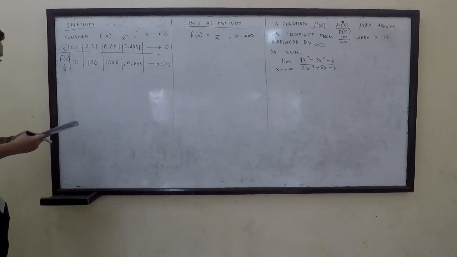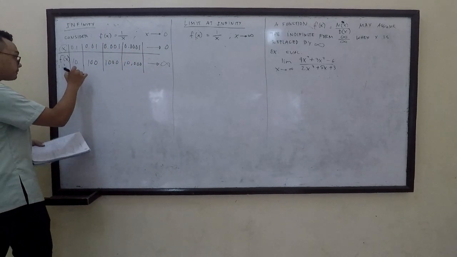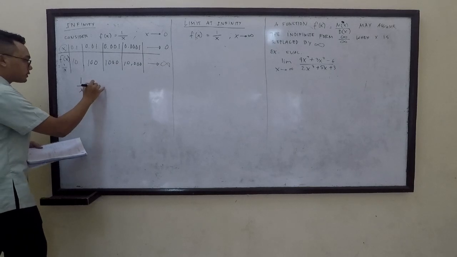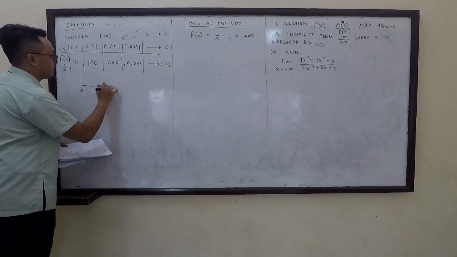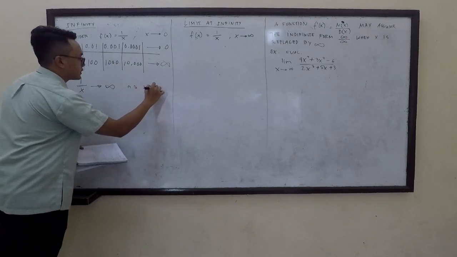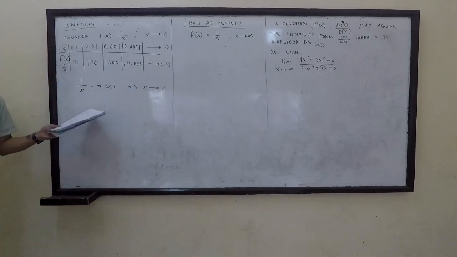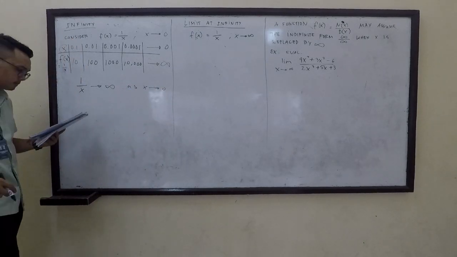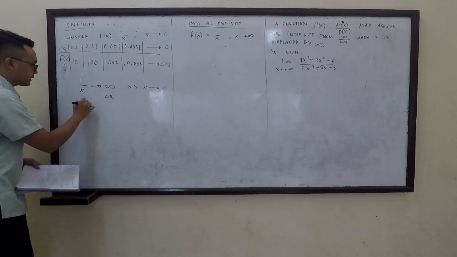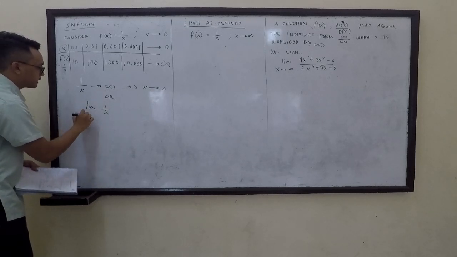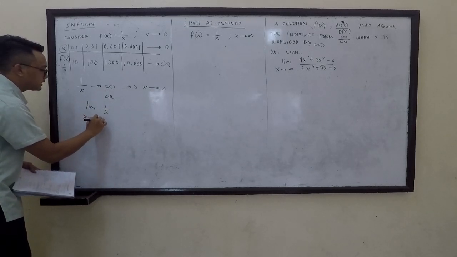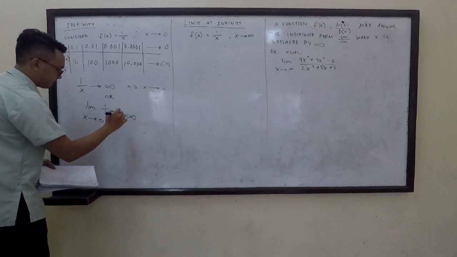So therefore, the limit of 1 over x as x approaches 0 is infinity.